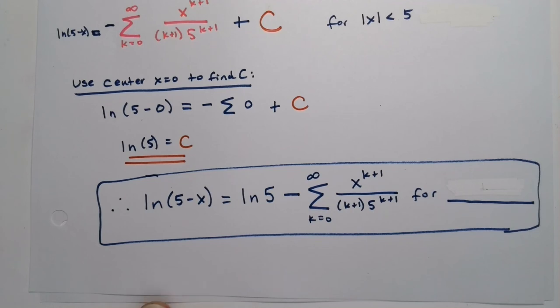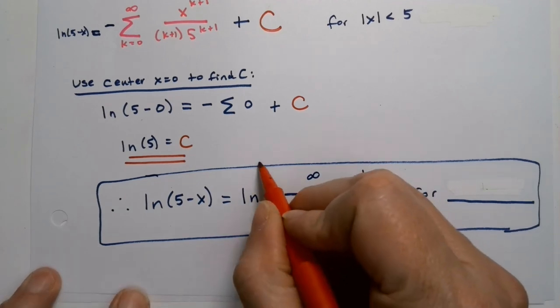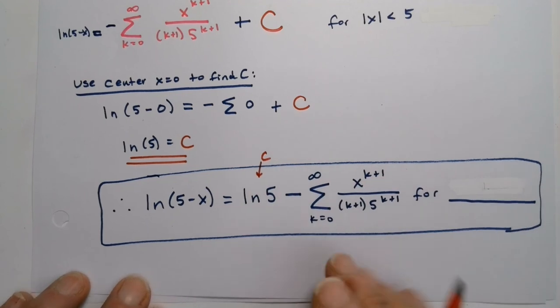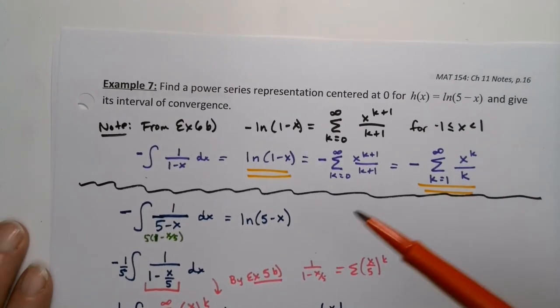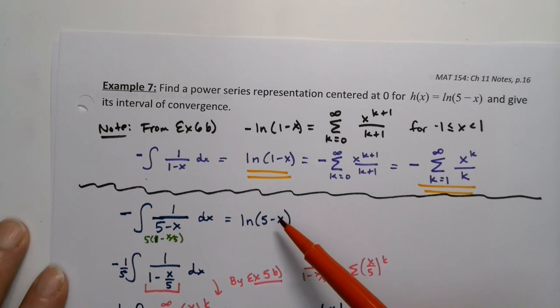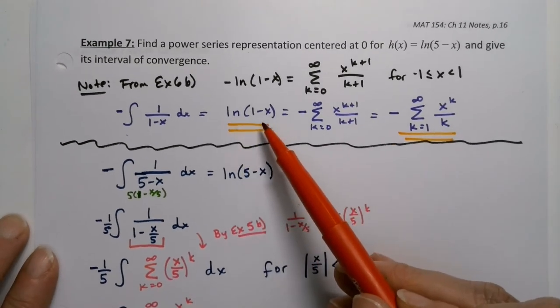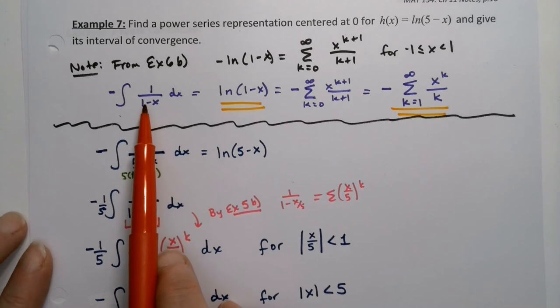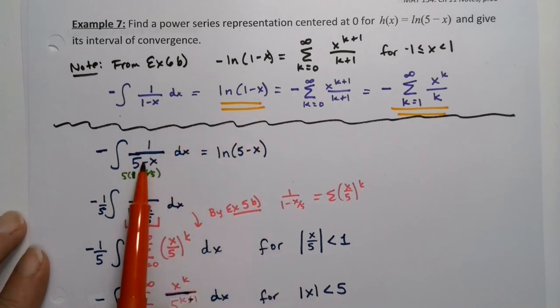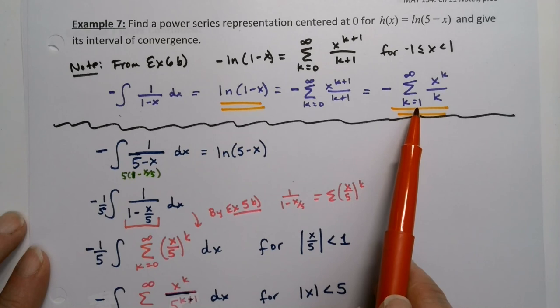Whew, that was a lot of work. Let's recap real quick, just so you guys can see. There's your constant, c. Natural log of 5 minus x is what you're looking for, which is similar to the natural log of 1 minus x. So I used the integral that I used to find the natural log of 1 minus x, because I know what that summation is.